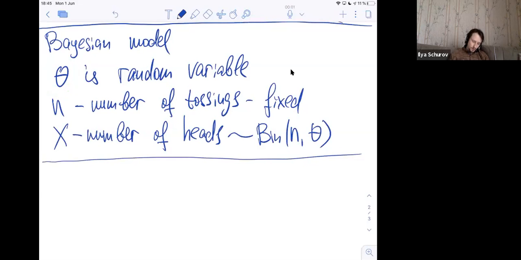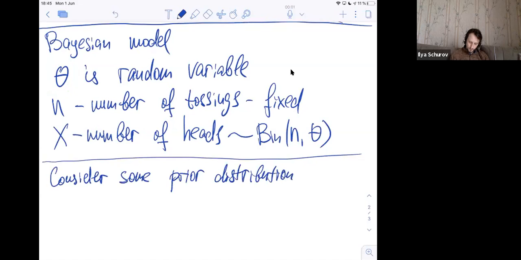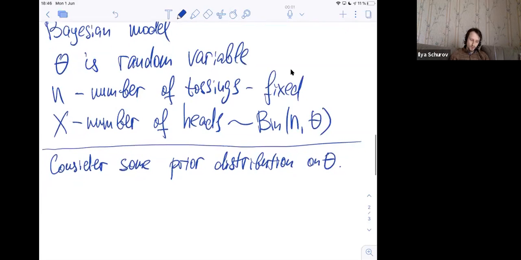Let us consider some prior. Actually, theta is probability, so it can take any possible values from 0 to 1. But for simplicity, let us consider now some prior distribution which is not continuous, but just discrete. Let us assume that we have only several possible values of theta.